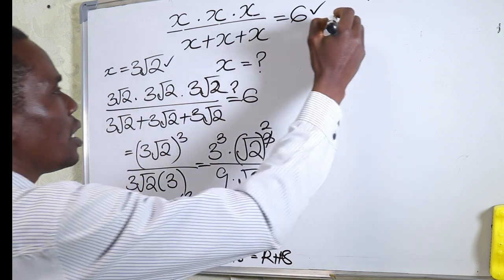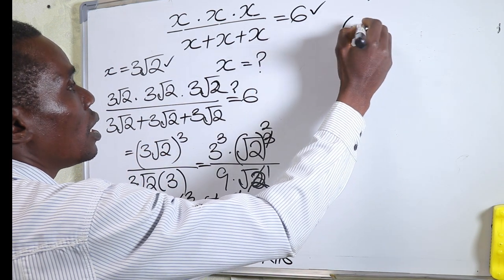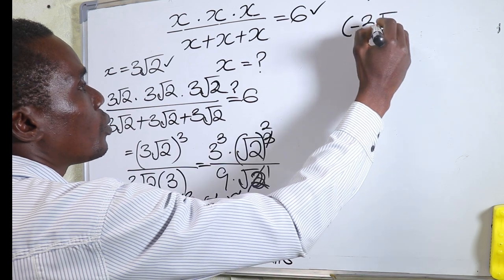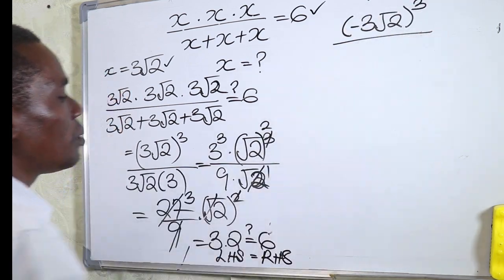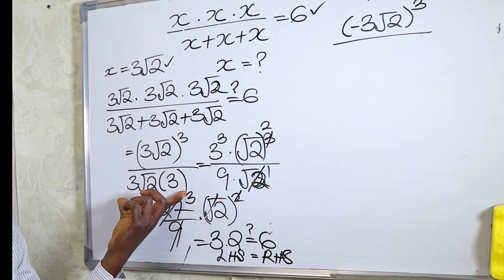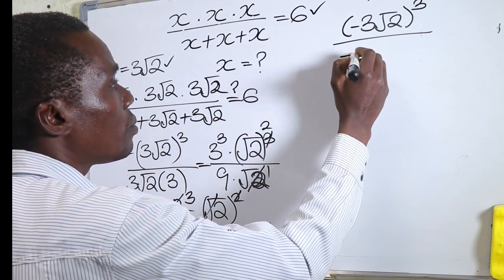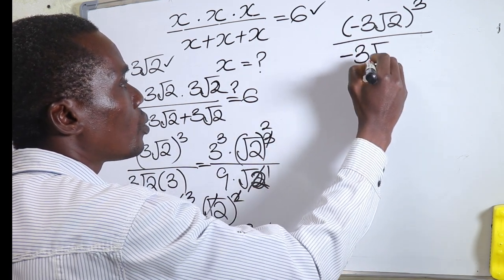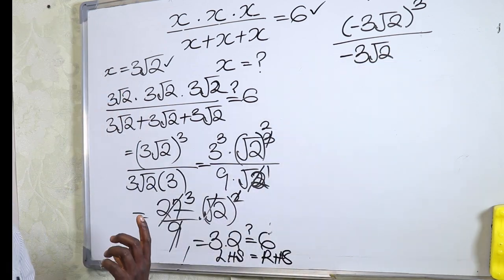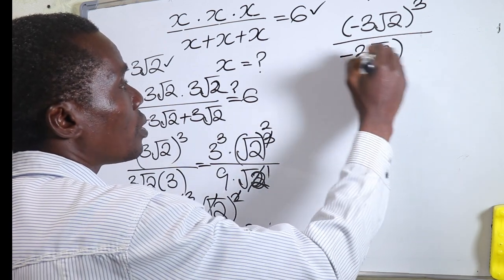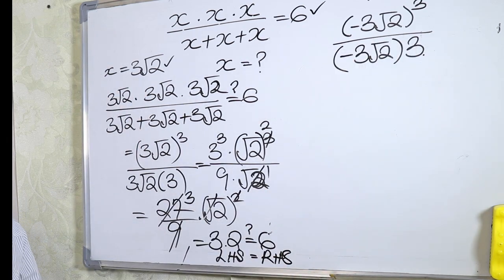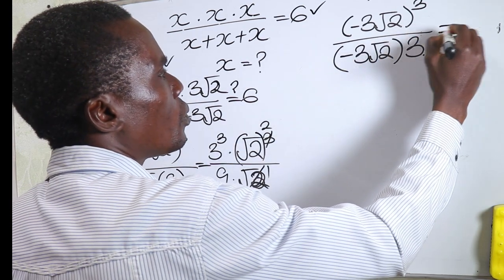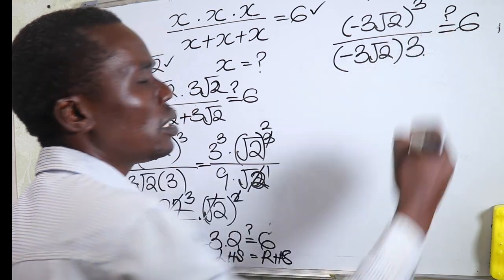We're going to have that expression now give us negative 3 root 2 all cubed divided by, this is now going to give us negative 3 root 2, all multiplying 3. Great. So you see that, can this be equal to 6?